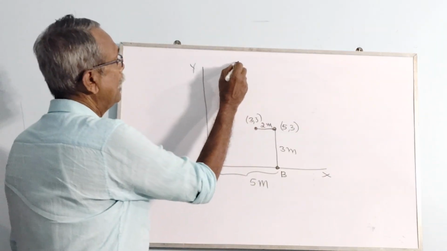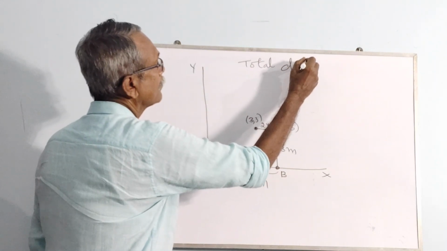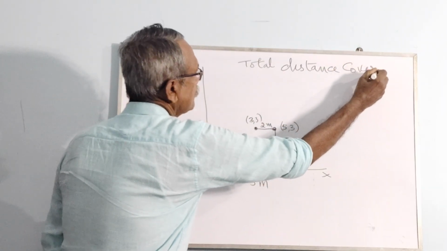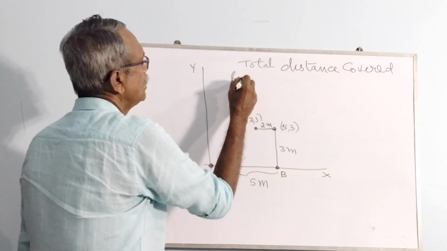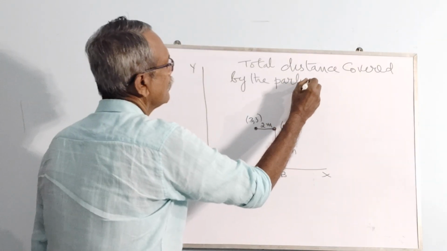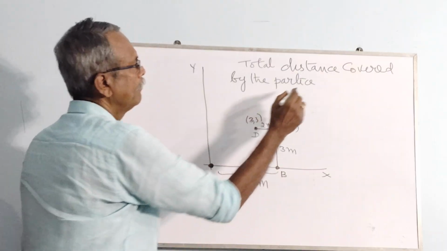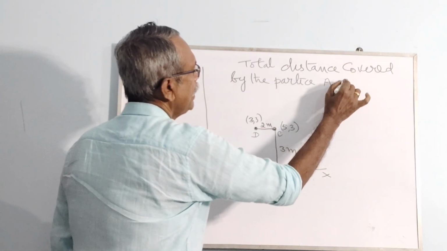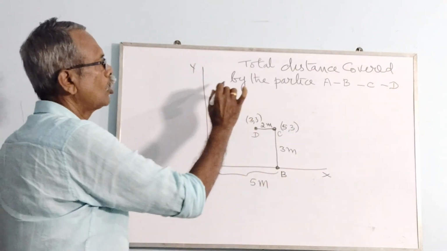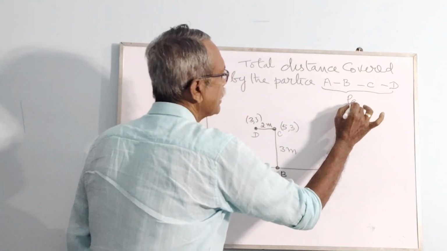And the total distance covered by the particle, this point we call as C, this point as D, from A, B, C, D. This is the total distance covered by the particle, and this is called the path of the particle.